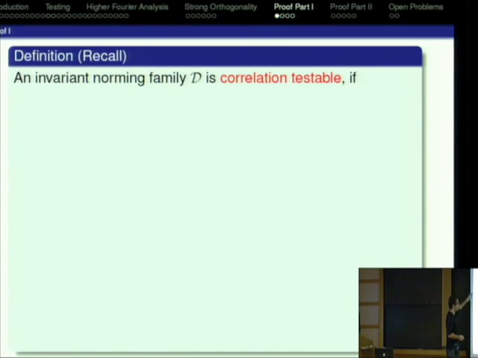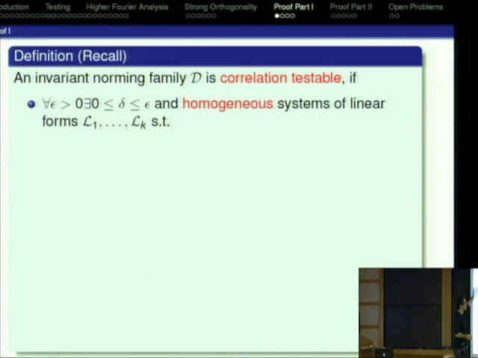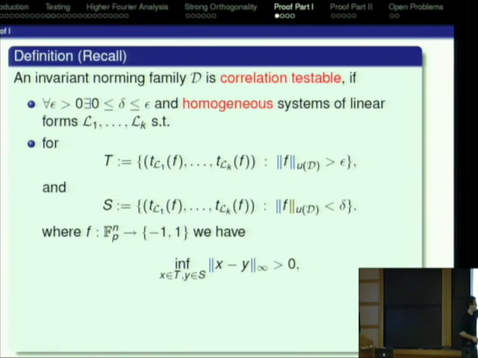So let me remind you of the definition. We call an invariant family correlation testable if you have this homogeneous system of linear forms such that for every epsilon, if you look at these averages for uniform and non-uniform, you get two sets with disjoint closures.